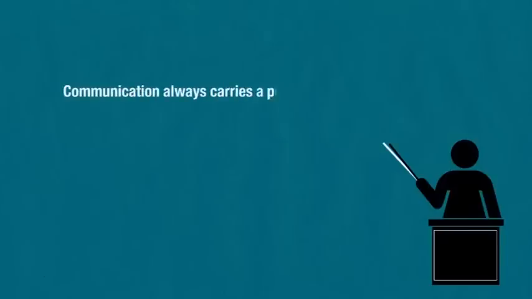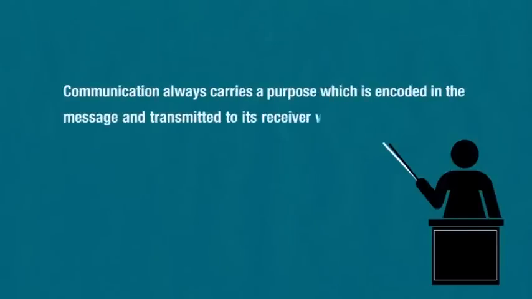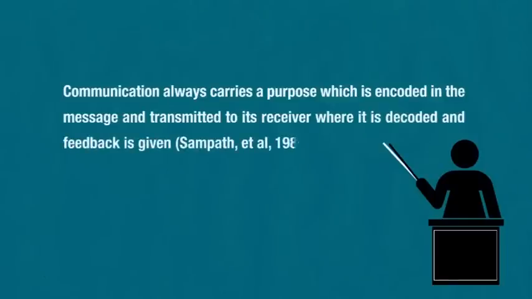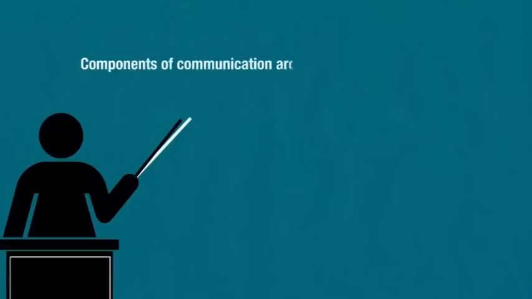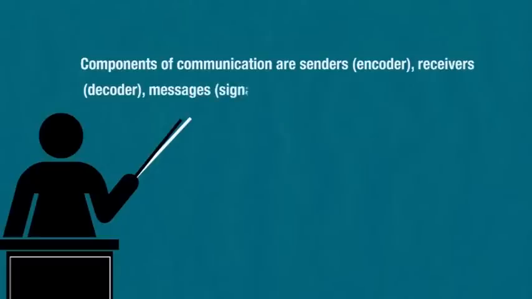Communication always carries a purpose which is encoded in the message and transmitted to its receiver, where it is decoded and feedback is given. Components of communication are senders or encoders, receivers or decoders, messages that are signals, media or channel and feedback.